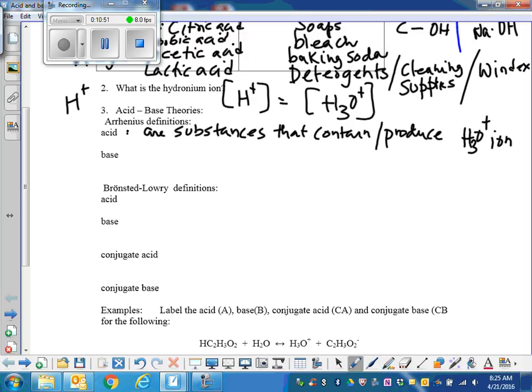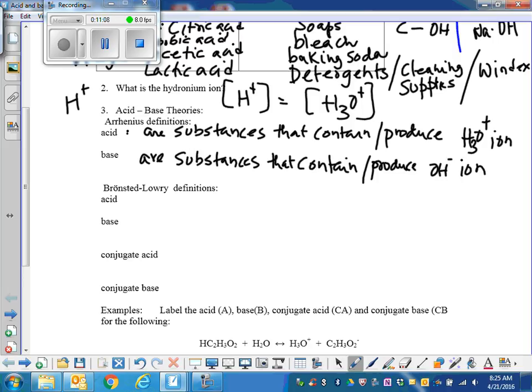What are bases? Substances that contain or produce a hydroxyl ion. All right? So that was how Arrhenius started his definition of an acid and a base.